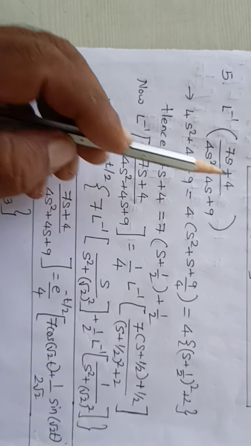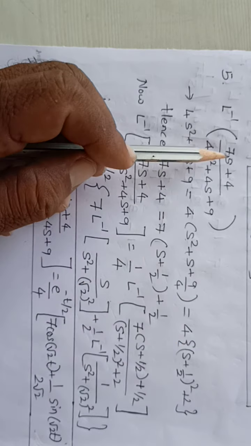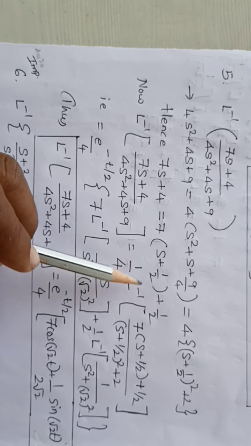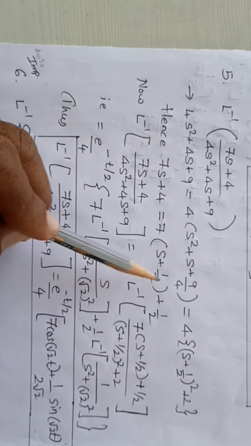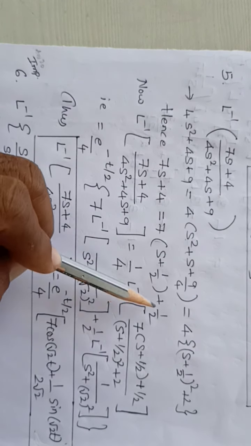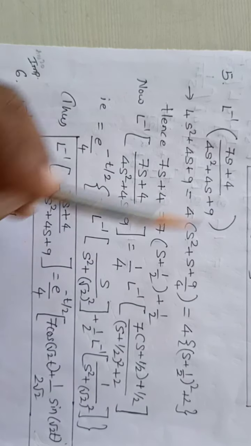Hence 7s plus 4, next the numerator 7s plus 4, again in the numerator also we require s plus half. So s plus half, 7s is there, 7 into half, 7 by 2 plus 1 by 2 is 4.